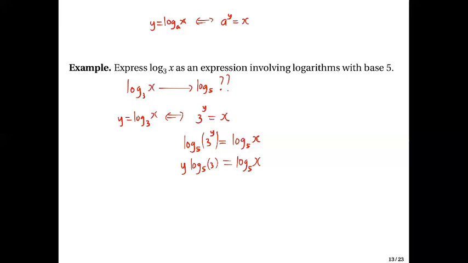Okay? But logarithm of 3 with base 5, this is just a number. And this is not equal to 0. Okay? This is not equal to 0. Meaning we can divide everything by log 3 base 5.